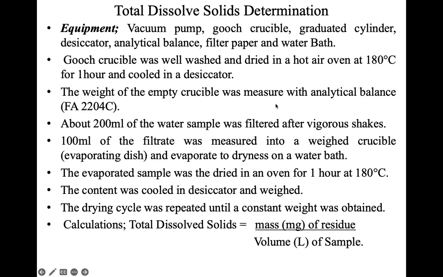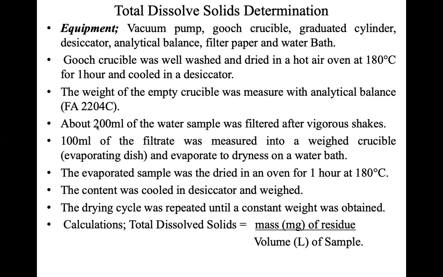Normally, you can determine the TDS experimentally by making sure that your Koch crucible is well washed and dried in a hot oven for at least 1 hour, after which it is cooled in a desiccator. Then you weigh the empty crucible using an analytical balance, because this is a balance that can detect slight changes in weight.